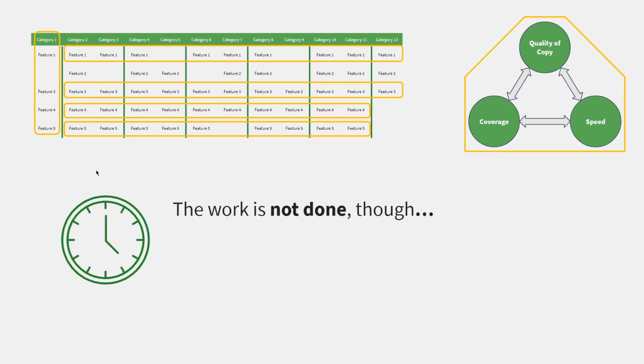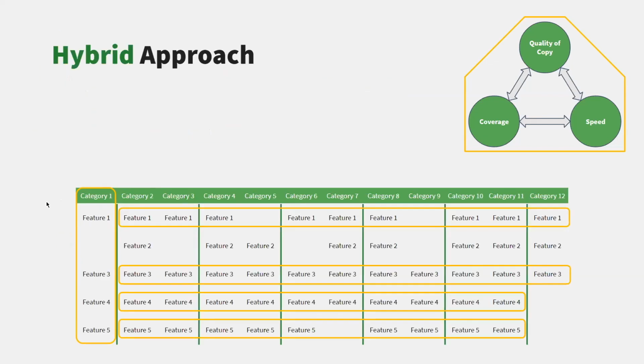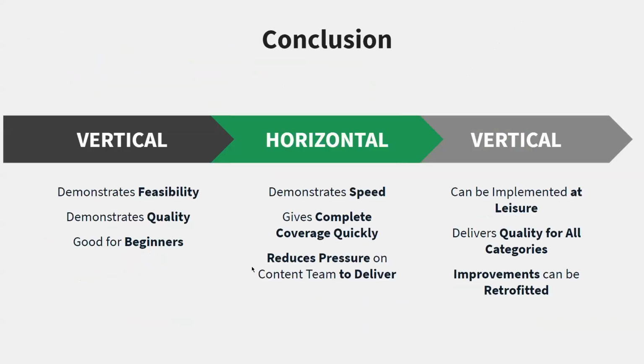As I said, however, the work is not done. You need to complete, of course, the quality you see in category one for the other categories. This doesn't change from the vertical approach. However, in the meantime, you still have this stuff already working for you. And after that, you can take care of all the other categories.